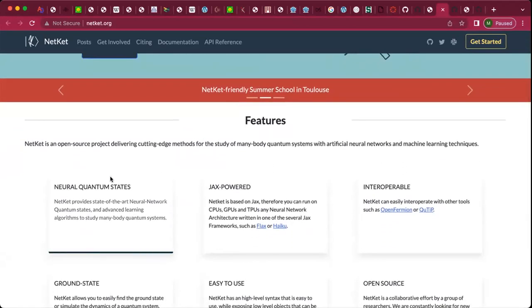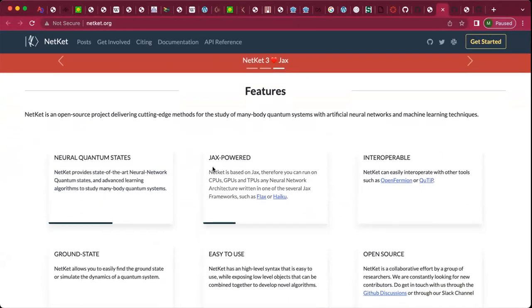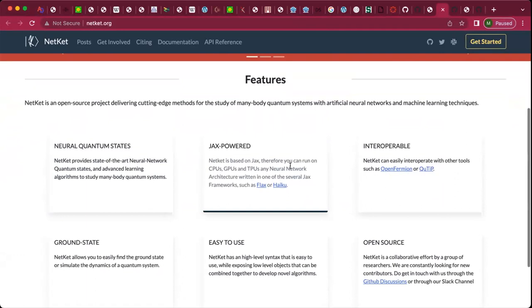It contains code to deal with neural quantum states, and it uses JAX in order to set up and speed up the code. JAX allows you to implement automatic differentiation. At the same time, it has also inherited many of the numerical features in Python, which normally speeds up the code. And there are other codes or tools like OpenFermion and QTIP, so just take a look at them.